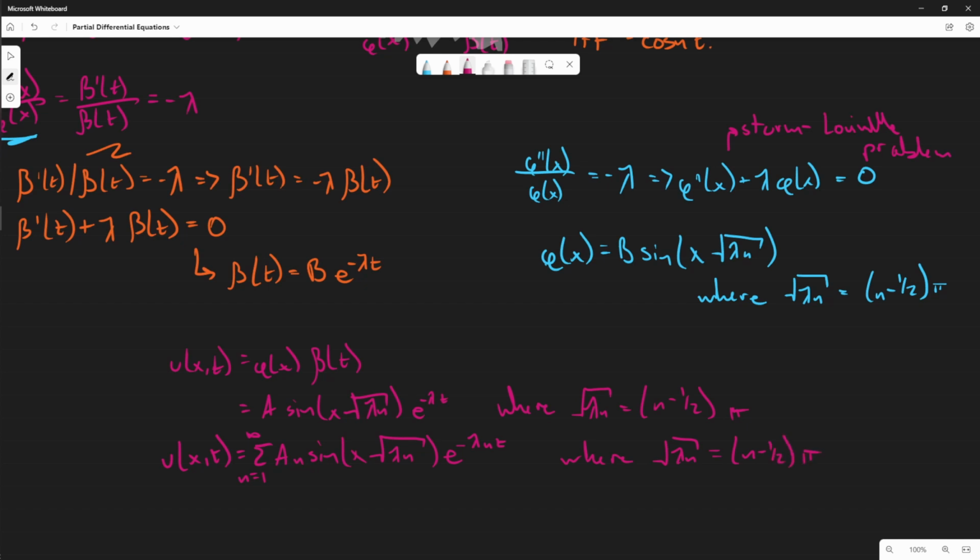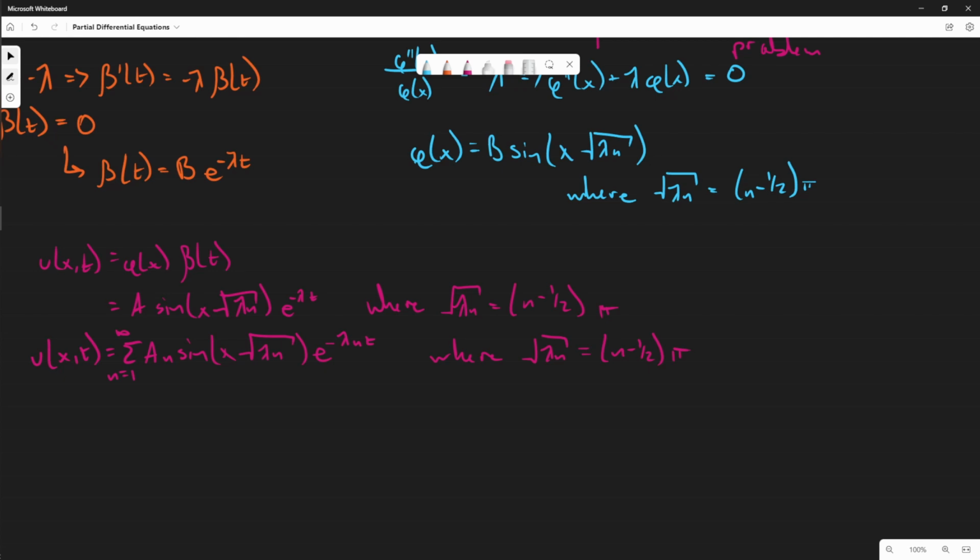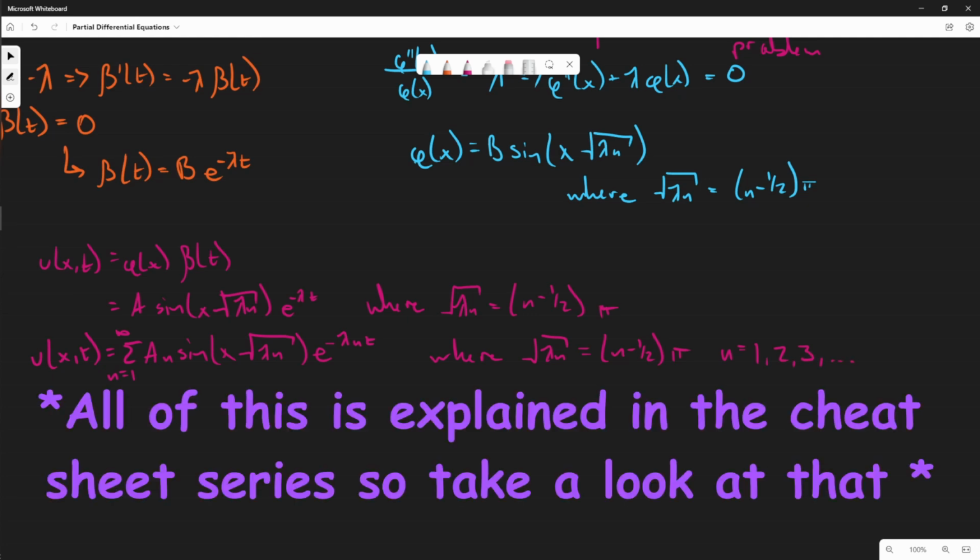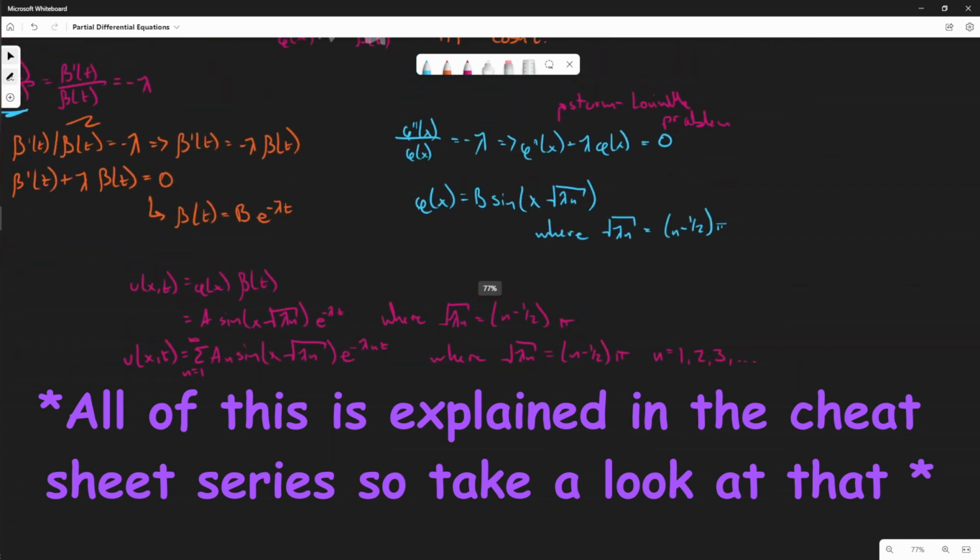And if you look at the cheat sheet video about this portion, this statement is only true for all n being positive integers. And so that is pretty much our general solution.